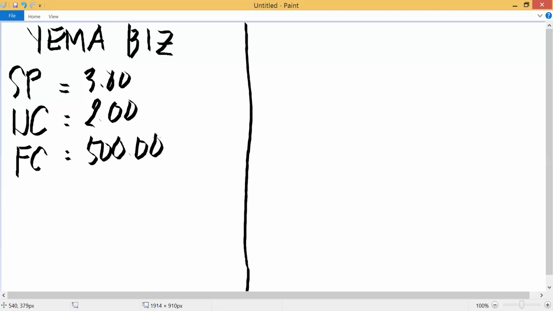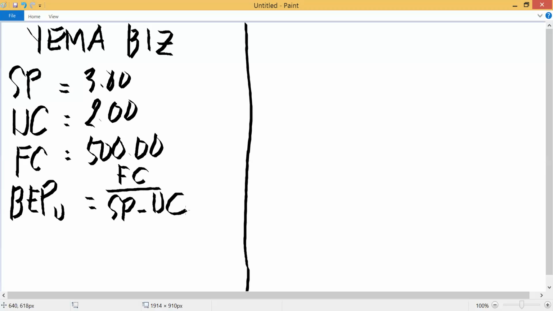Now, to get the BEP in units, we have this formula: fixed cost all over SP minus UC. Okay, how much is our FC? 500 pesos all over SP 3 pesos minus UC, that's 1 peso, equals to 500 units.